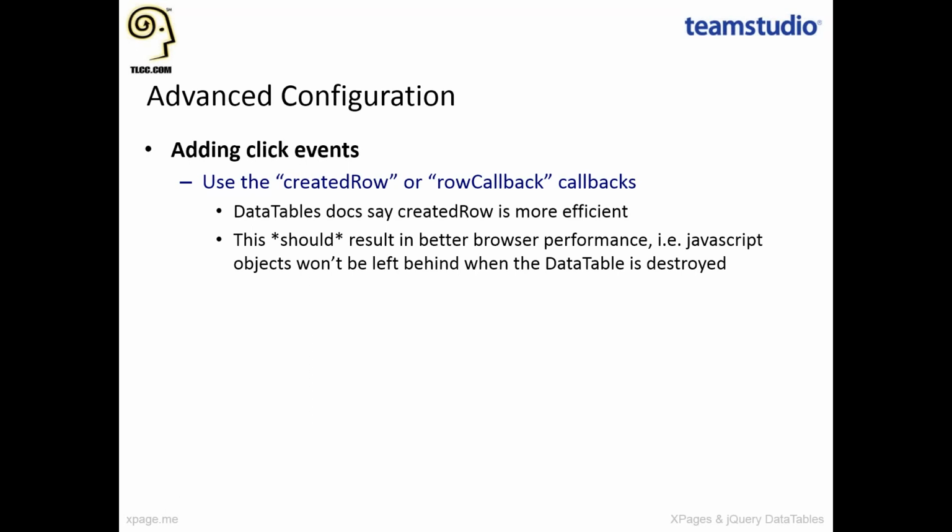From personal experience, when I first started creating clickable rows, I was not using these events. I was actually adding jQuery event listeners outside of the DataTables configuration. I think that was leading to a lot of leftover JavaScript objects being left in the browser and slowing the browser down.